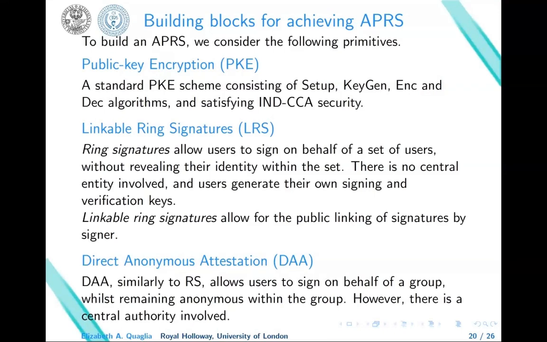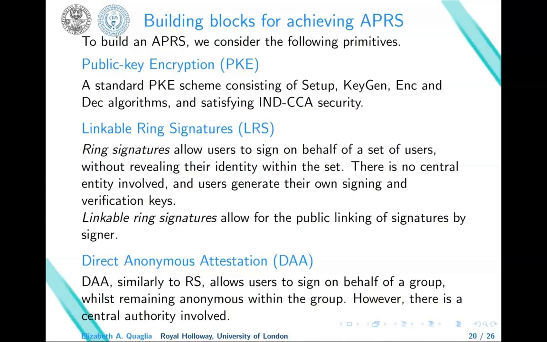So linkable ring signatures are a variant of ring signatures. And ring signatures are a type of digital signature scheme that allow users to sign on behalf of a set of users without revealing their identity within the set. So you immediately see where the anonymity aspect comes from in here.